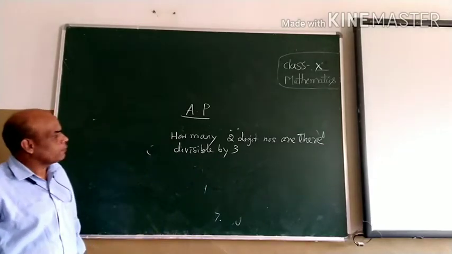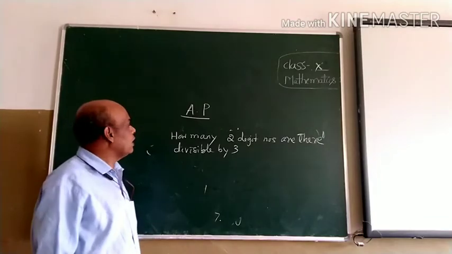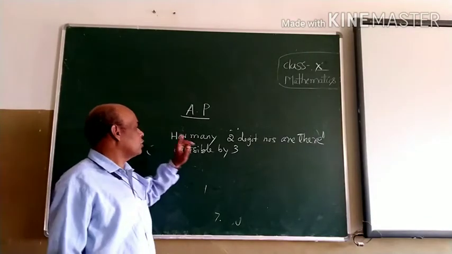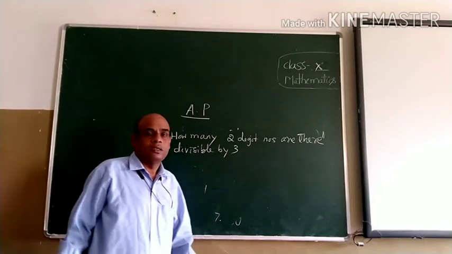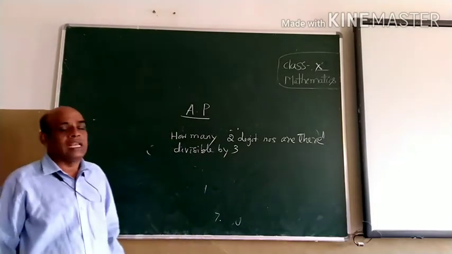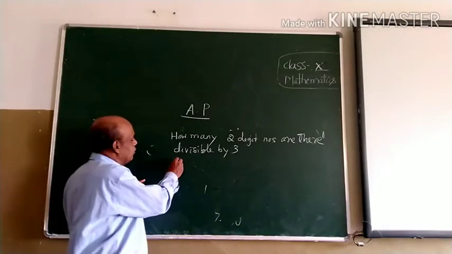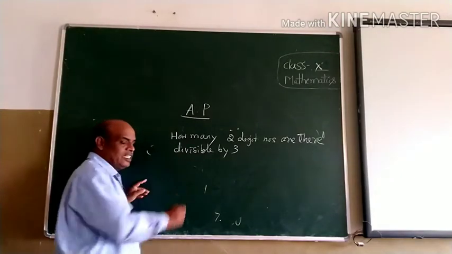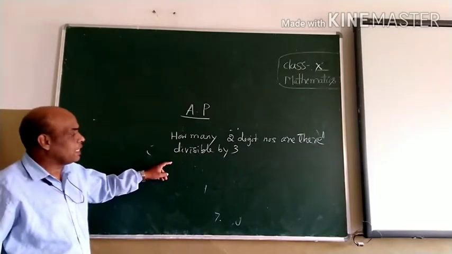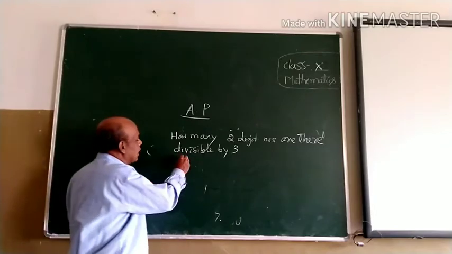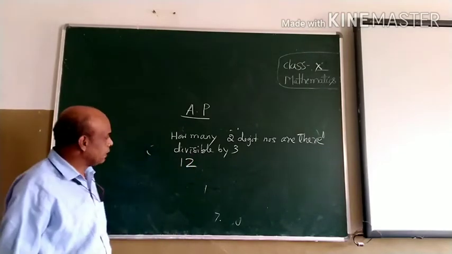So you can say 2-digit means starting from 10, and the condition is that it should be divisible by 3, and again 2-digit means less than 100. So you may write the sequence: first you test, 10 is not divisible by 3, test 11, that is also not. So now write 12, because 12 is divisible by 3.